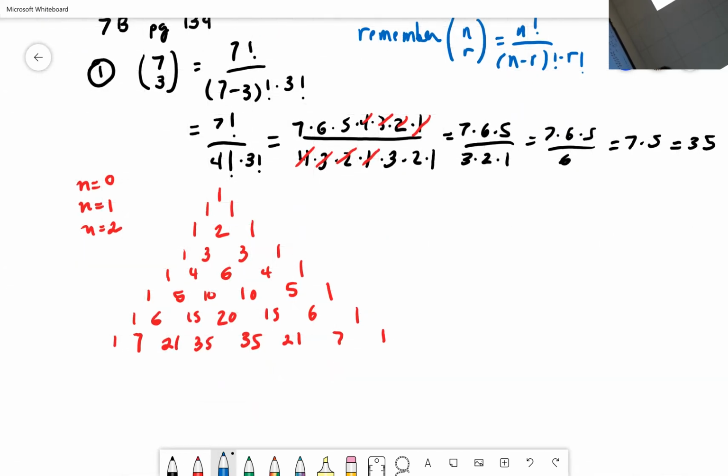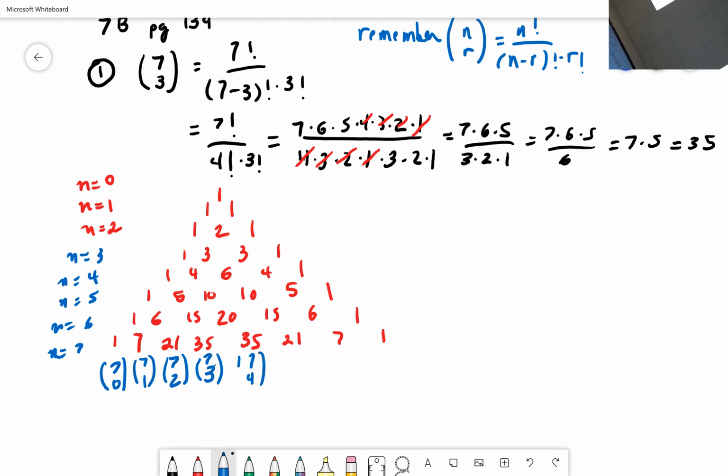Who is this one? Well, we got n equals 3 here, n equals 4 here, n equals 5 here, n equals 6 here, n equals 7 here. That's 7C0, 7C1, 7C2, 7C3, 7C4, 7C5, 7C6, 7C7. It's this guy.